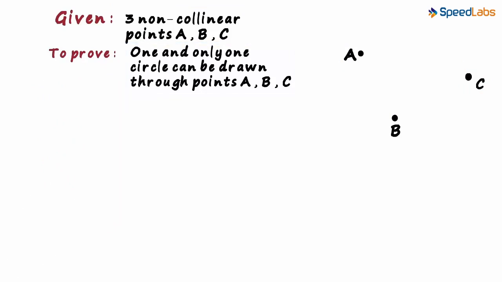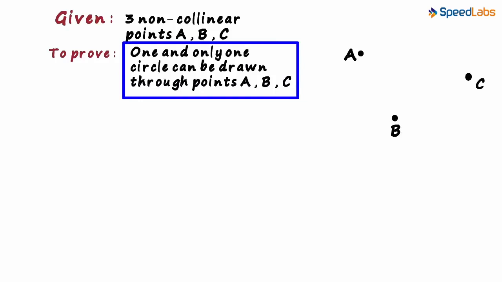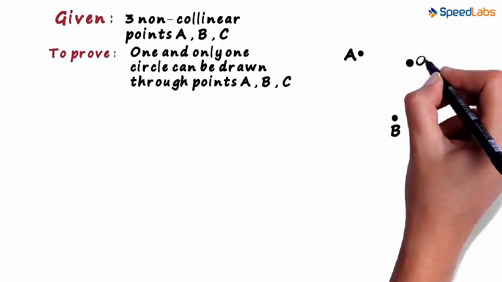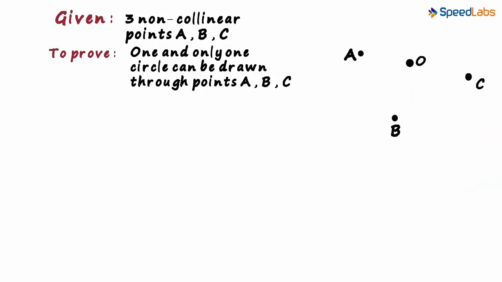Before we move on to the proof, let's analyze how we aim to prove it. How can we prove that only one circle passes through points A, B and C? Let me give you a hint. Let's assume we have a point O somewhere on the same plane as these 3 points.